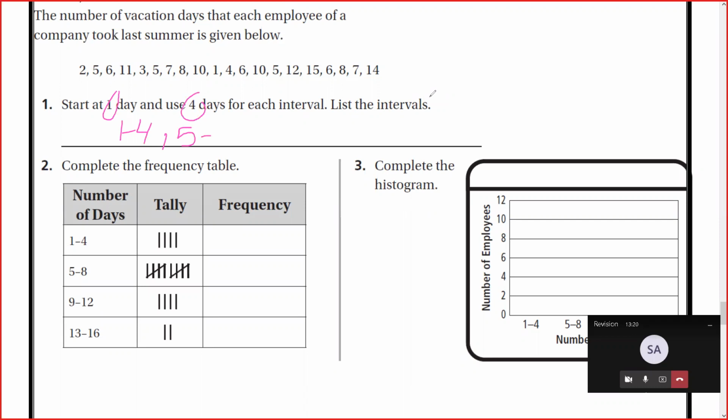Put 4 on your fingers and count 5, 6, 7, and 8, so you stop at 8. Then start from 9: 9, 10, 11, and 12, so from 9 to 12. And the last one, you start from 13: 13, 14, 15, 16.